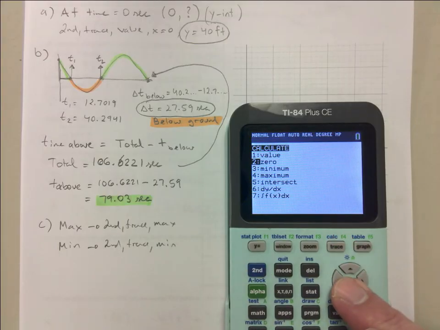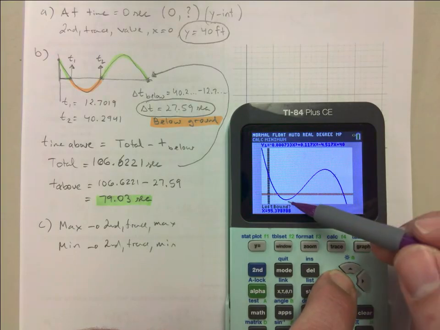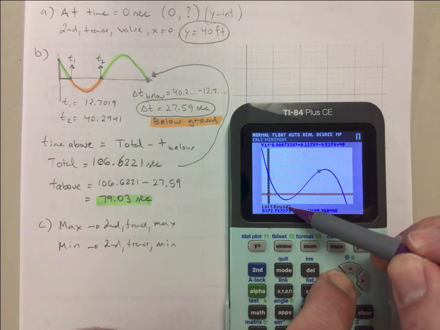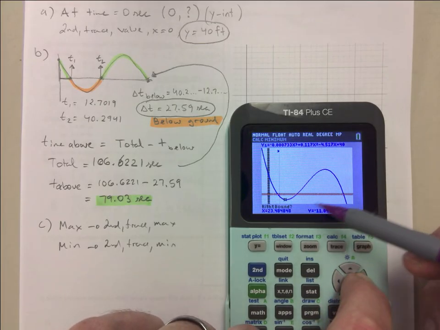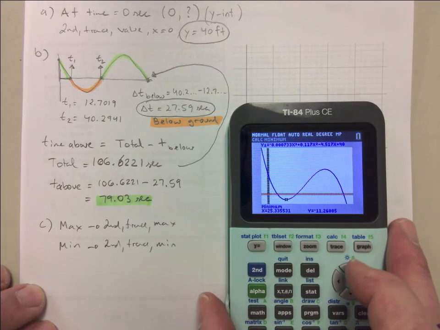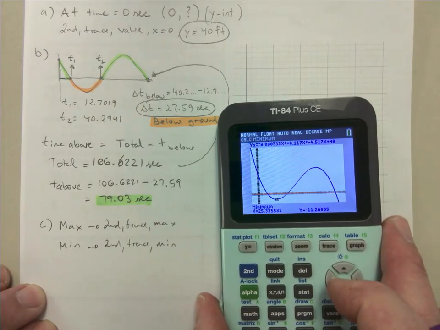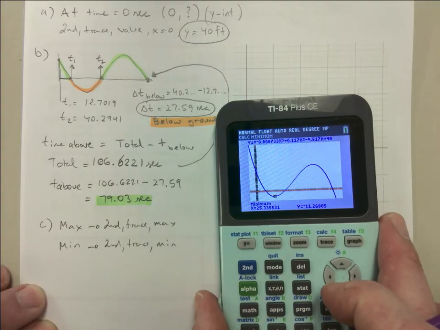Second trace minimum. Of course I'm way over here, so I'm just going to travel a little longer. You have to go to the left of that low point, hit enter, then go to the right of it, hit enter and enter one more time. And there it is: 25.34, negative 11.26.